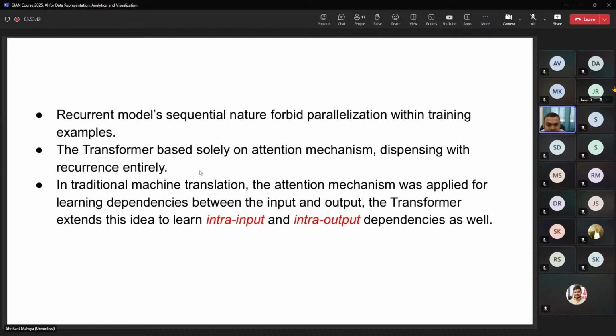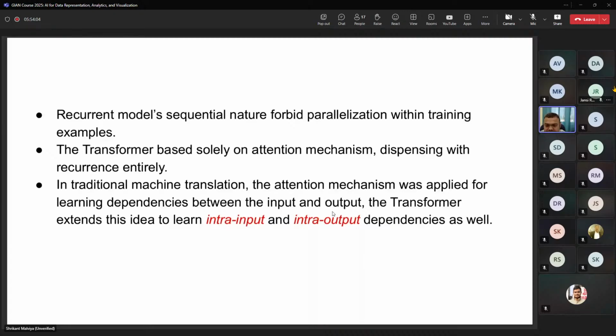The transformer-based model applies the attention mechanism in a parallel way, so it completely avoids recurrence for processing the given input. For example, in traditional machine translation, the attention mechanism was applied for learning dependencies between input and output.